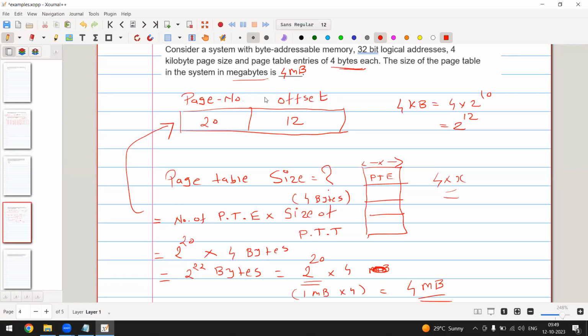From the page number, you go to page table and find out the corresponding frame number. And if you append the frame number with the offset, you will get the physical address. So this flow you have to set in your mind, and accordingly some data is given, some data will be missing. So if you interpret in that way, you will be able to get the answer. So this was the second example which I wanted to discuss.